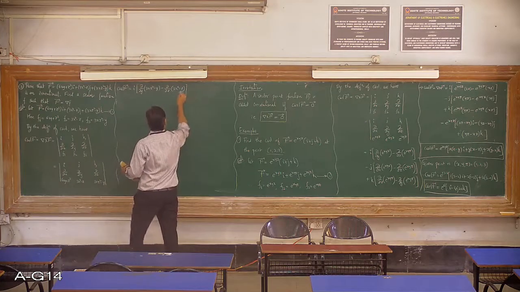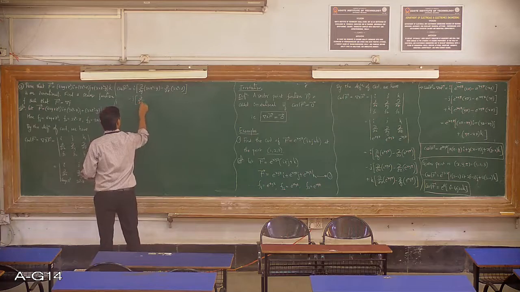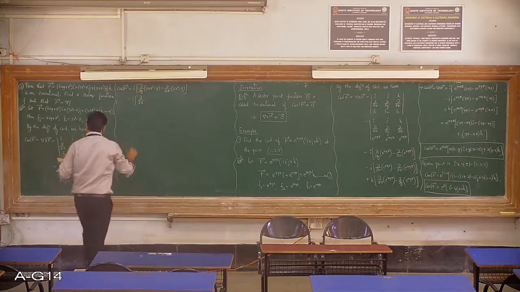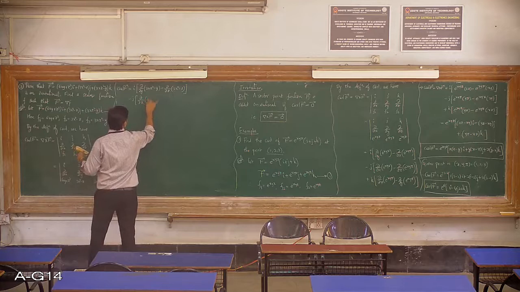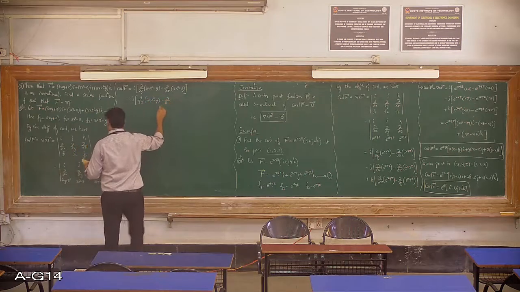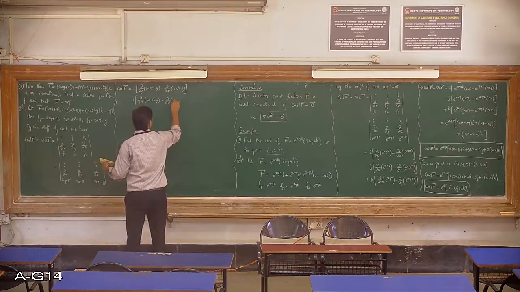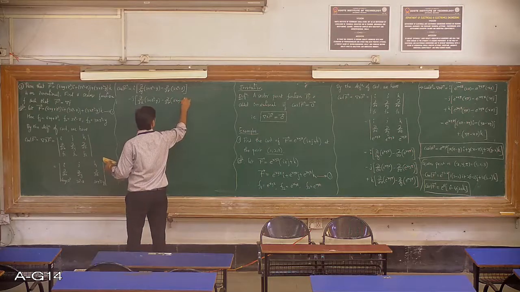Now minus j in the bracket, ∂/∂x of 3xz² minus y, minus ∂/∂z of 6xy plus z³.